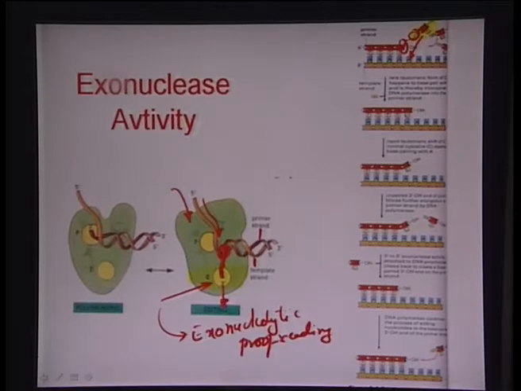So the moment there is a difference in the base pair and it does not match up very well, the molecule changes direction and goes to this exonuclease site, which causes the particular complementary base pair on the template strand to go unbonded. Okay.